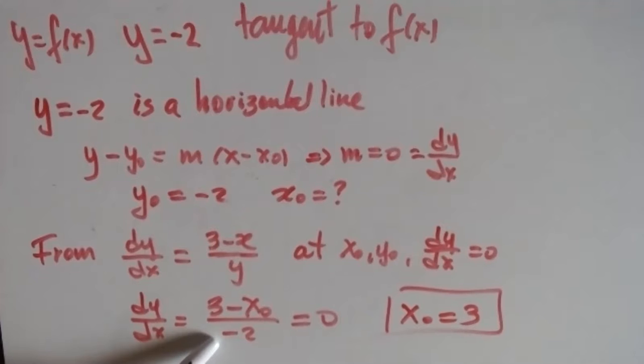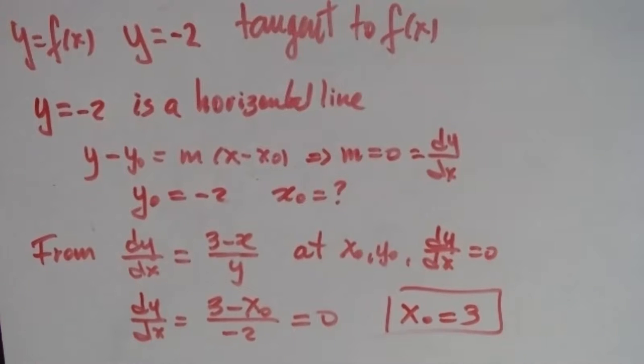Wouldn't it be 3 over 2? What happened, engineer? Check this. You multiply by the other side to get rid of the -2. Negative 2 times 0 is 0. 3 minus x0 is 0, so x0 equals 3. Careful, this is an easy equation that you cannot miss. So everybody catch what happened? That's the first question.